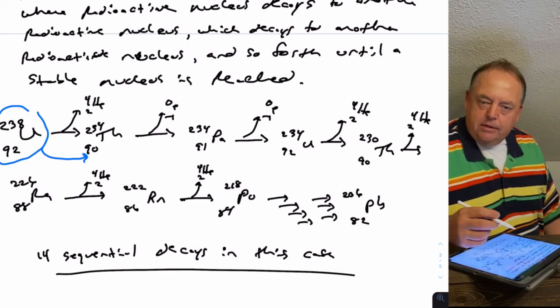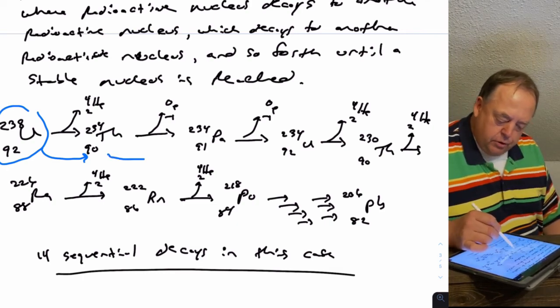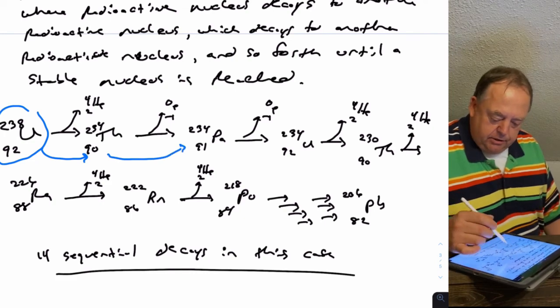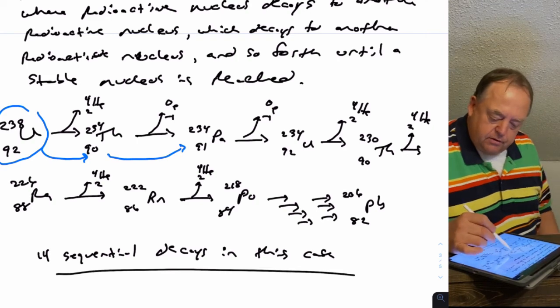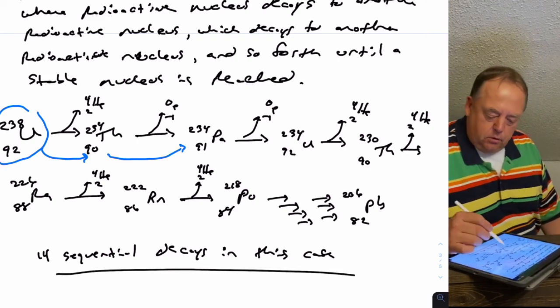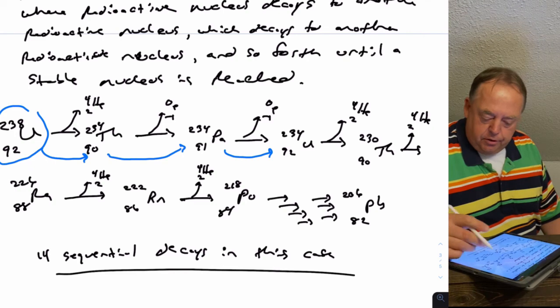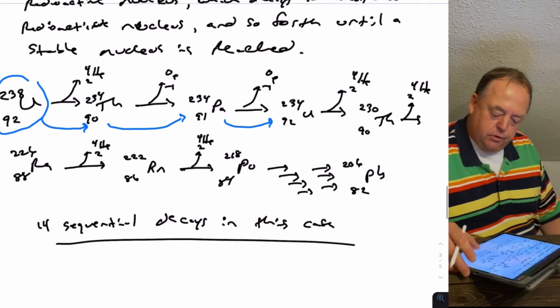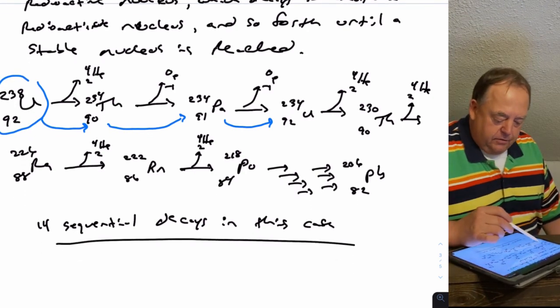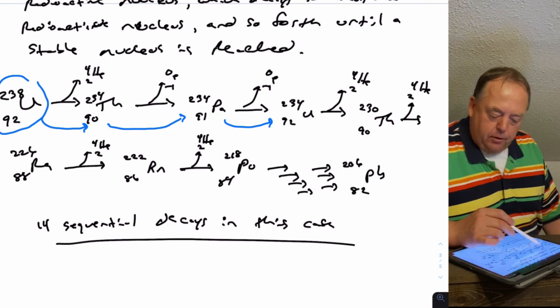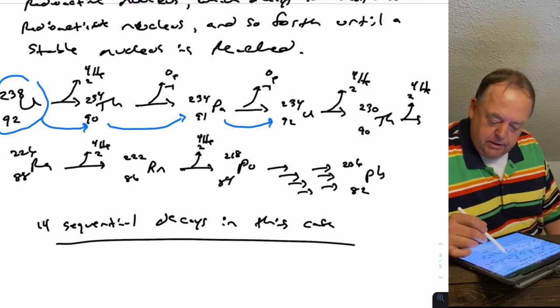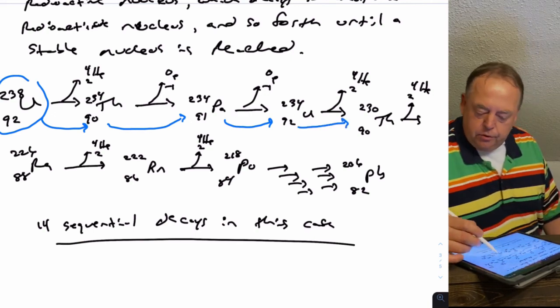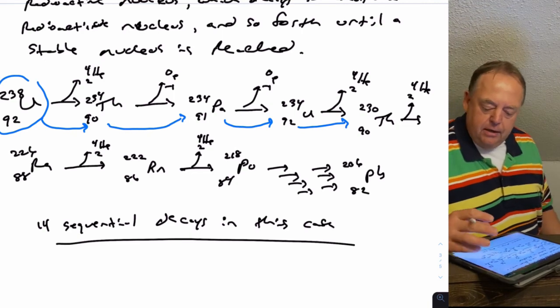That's still radioactive, so it undergoes another nuclear decay to make protactinium-234, which is still radioactive, so it undergoes another decay to uranium-234. The first step was an alpha particle emission, then a beta emission, then another beta emission, and then uranium-234 will undergo radioactive decay to thorium-230 by an alpha particle emission, and so forth.